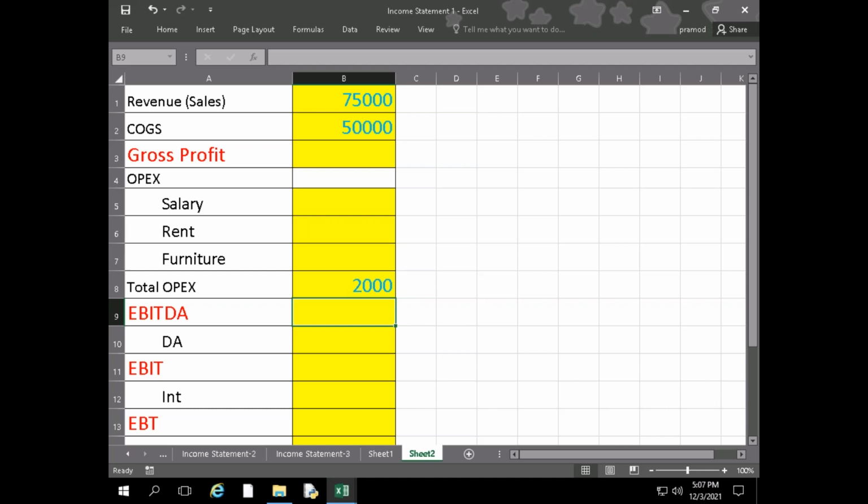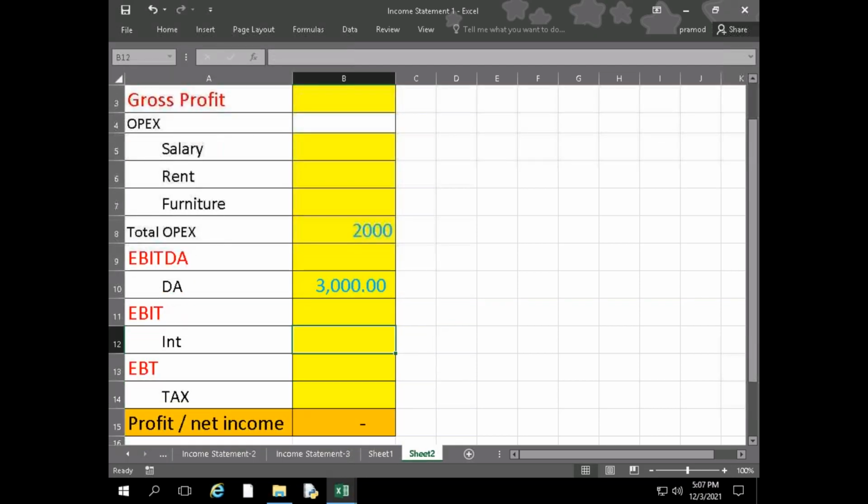Next is depreciation, 2000, and 1000 amortization, so a total of 3000 we will put. EBITDA formula you know. Now interest. Interest on 10,000 they have given. If they have itself specified the interest on 10,000, it is 10,000 into 10%.